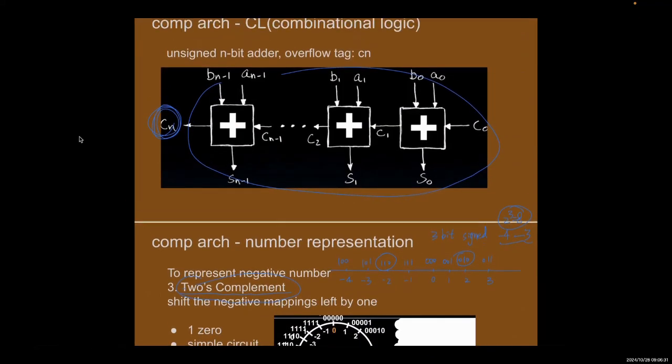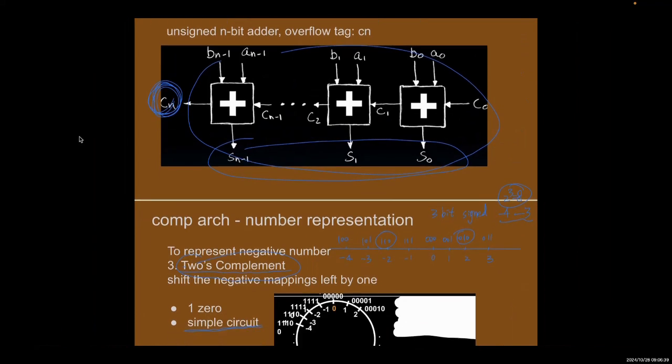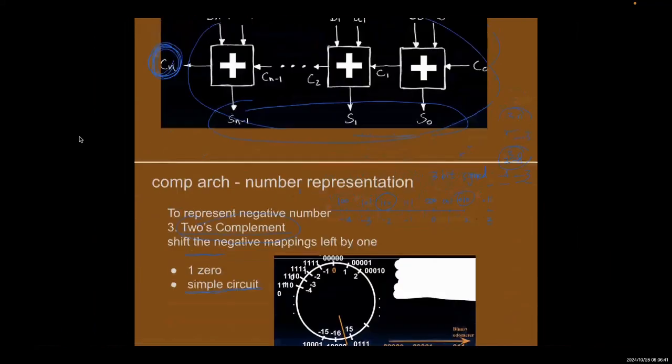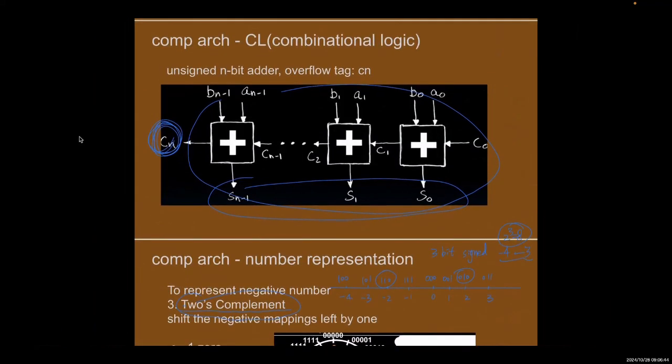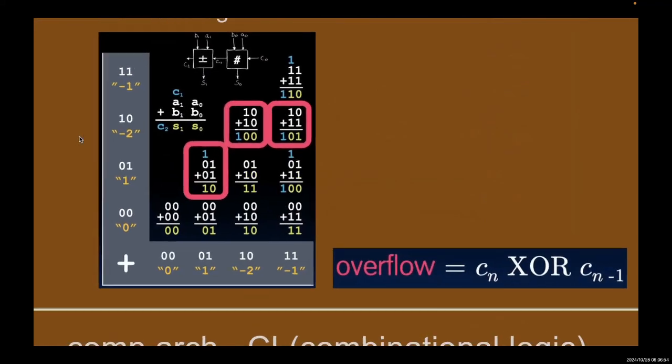That means the result is the same, only the flag which indicates whether the result is right or wrong is changed for signed numbers. For unsigned numbers, if Cn is 1, then the result is wrong. If Cn is 0, then the result is right. And for signed numbers, it's more complicated.